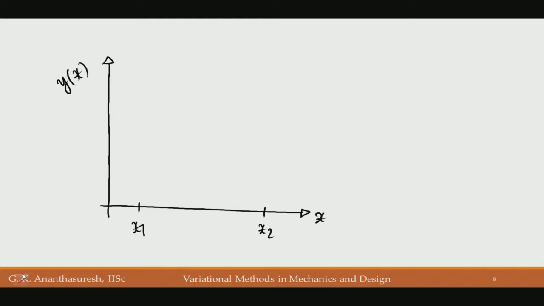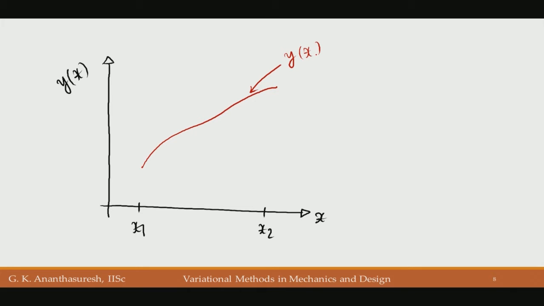So, let me actually draw a curve, let us say from here till here in some form. That is what we call y of x, which may be the solution y star also.